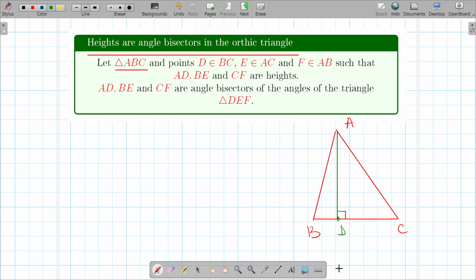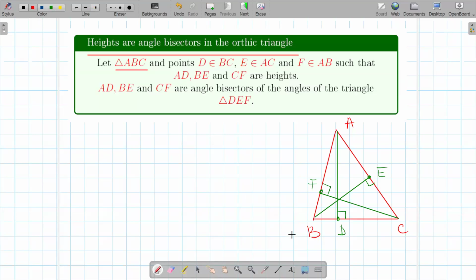Point D right here, and we've got a right angle. Here's BE. Point E right here, and we've got another right angle. And here's CF. Point F right here, and we've got another right angle.